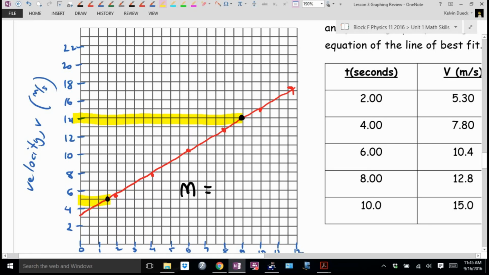Now I can say, how high is it? 14? What's the lowest point? What's the rise? 14 minus 9. I think that's easier. Counting squares, too often you'll miss a square because it's tough to count on graph paper.